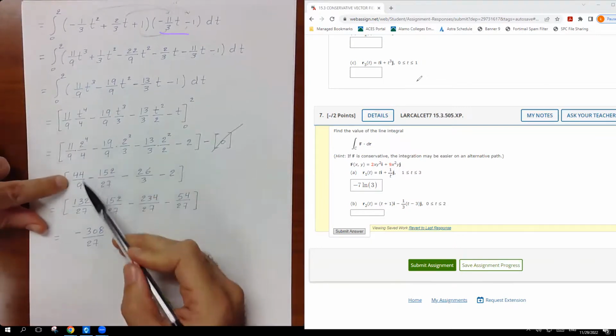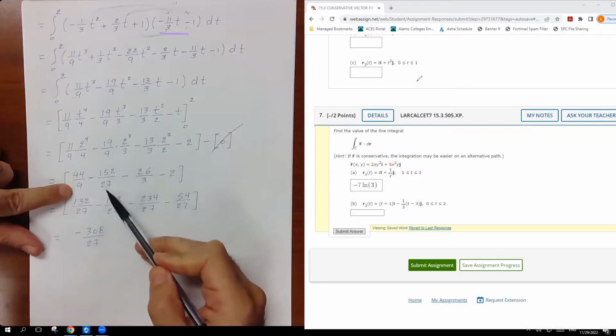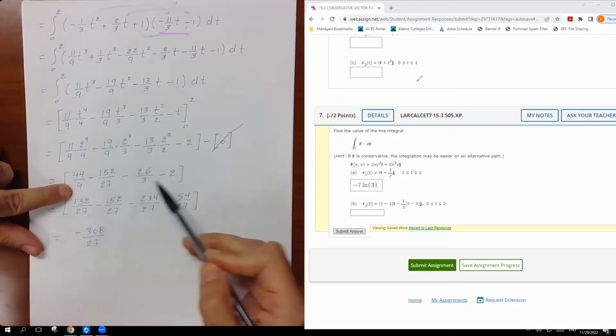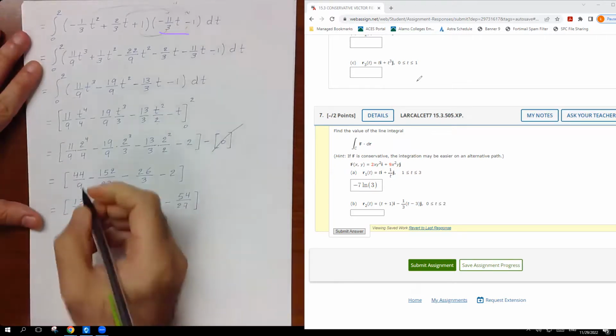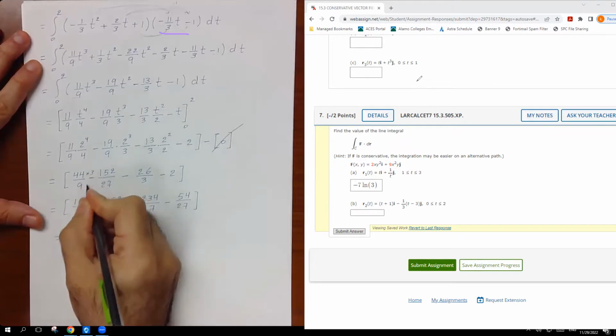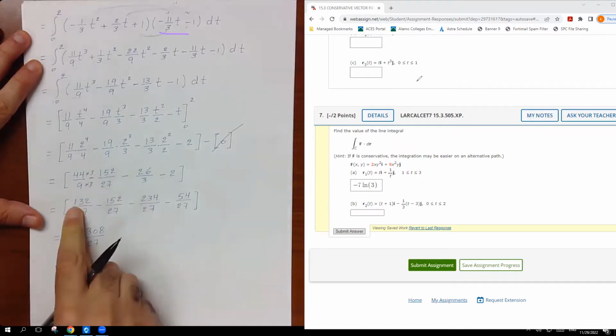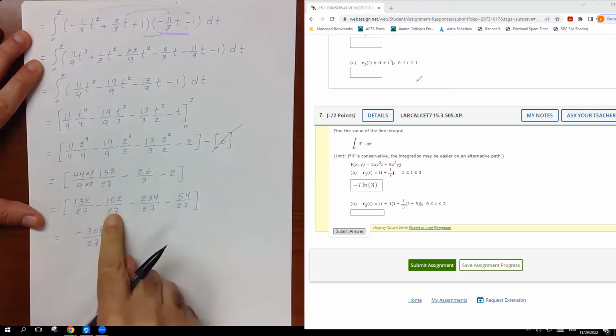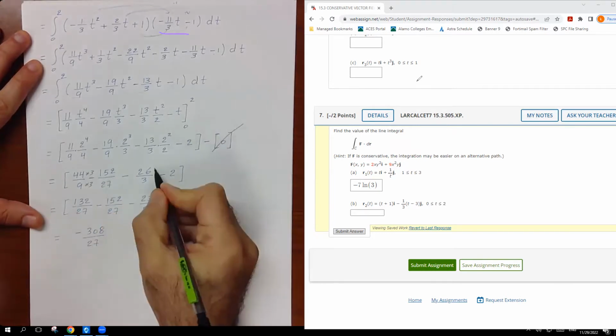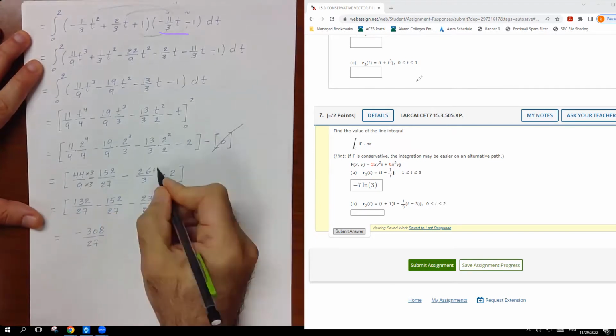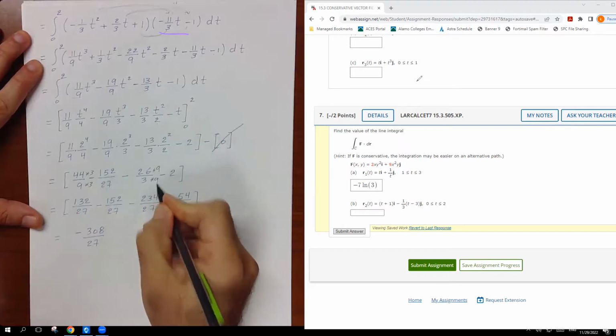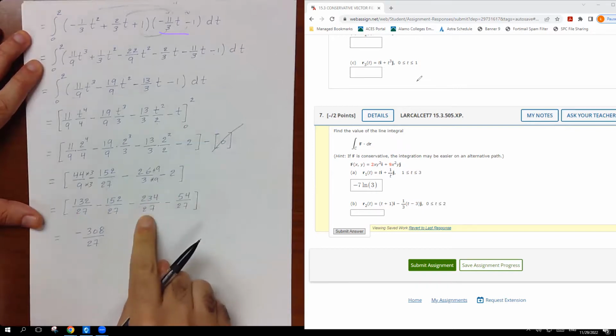So now we're just going to simplify this one. It's going to be 44 over 9, 152 over 27, 26 over 3 minus 2. Multiply this one by 3 and this one by 3. We're going to get 132 over 27. Keep this one. Multiply this one by 9. So we're going to get 234 over 27.